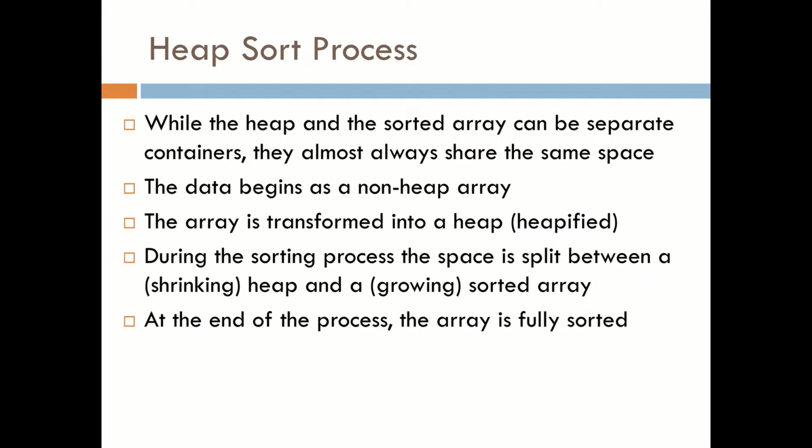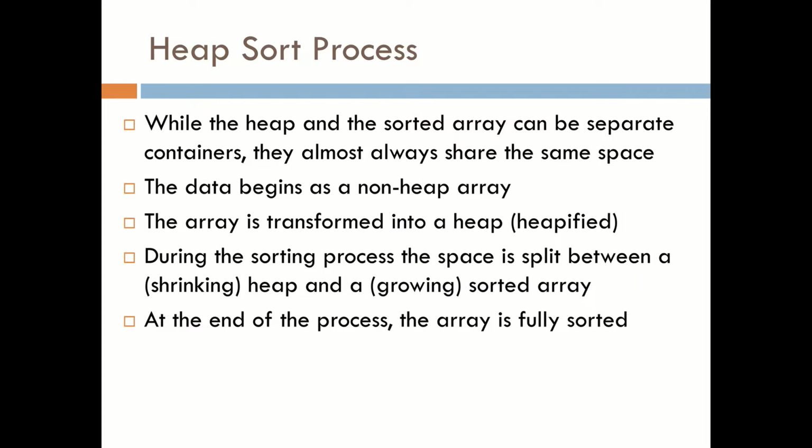So this is basically saying more of the same thing, and that is that while we can place these elements in different containers, there's no need to do so. This is an in-place sorting algorithm.